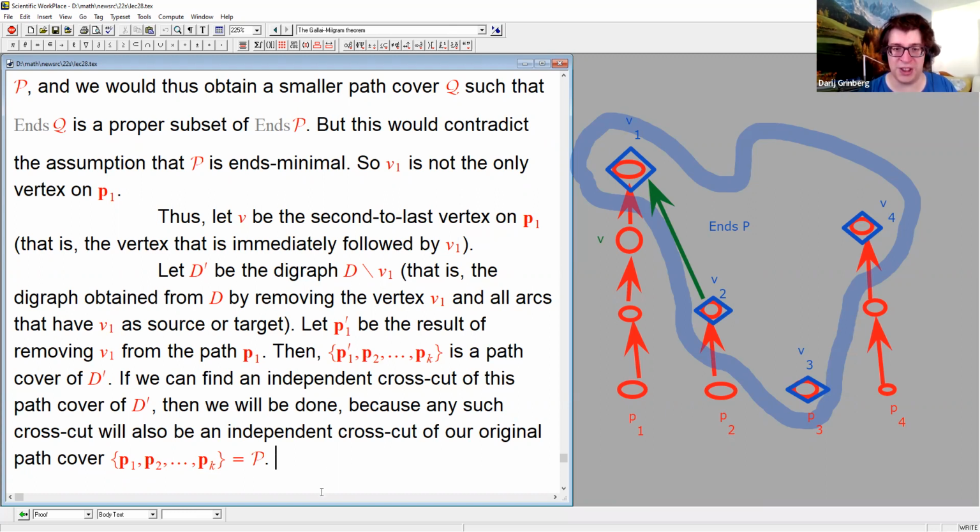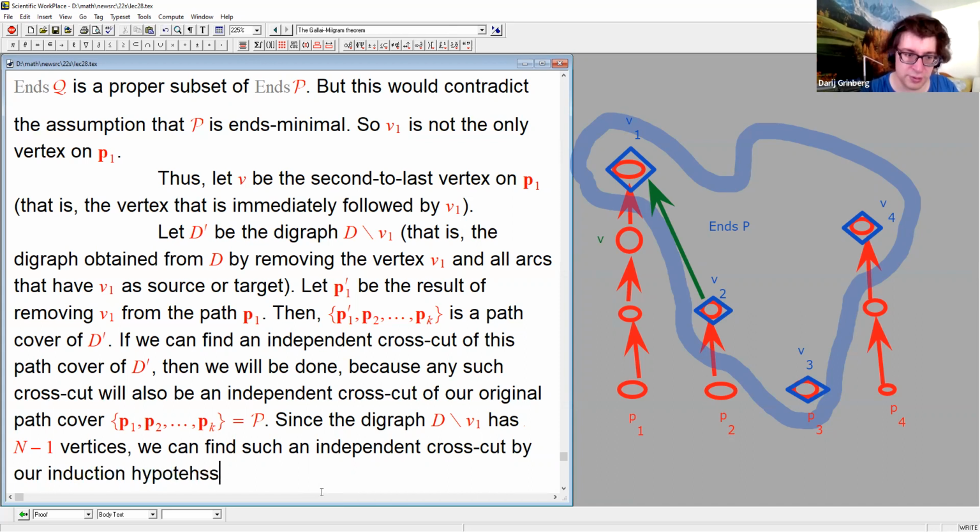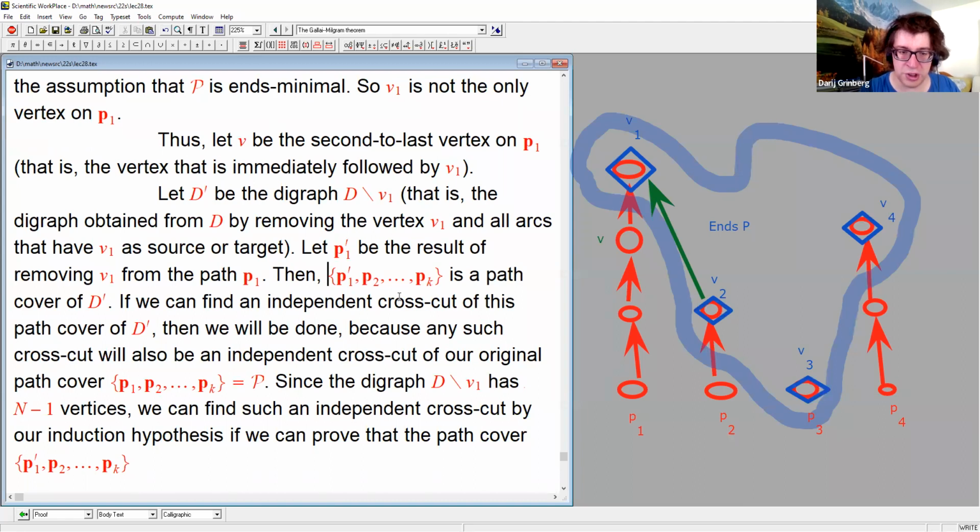So how do we find such a crosscut? Well, we are in luck because D without V1 has one fewer vertex. So since the digraph D without V1 has n-1 vertices, we can find such an independent crosscut by our induction hypothesis if we can prove that this path cover, the new path cover, actually, let me give it a name.